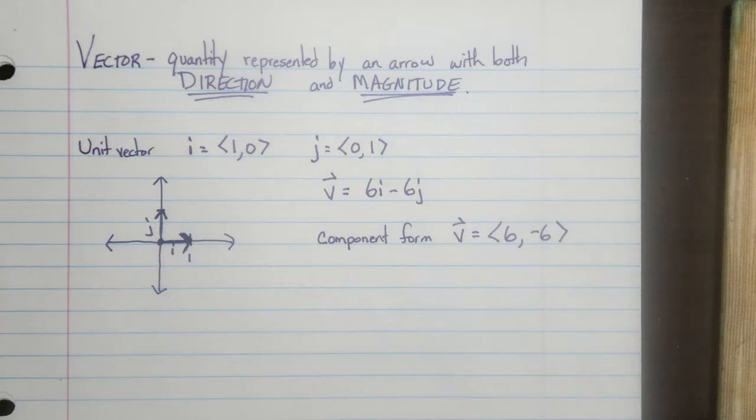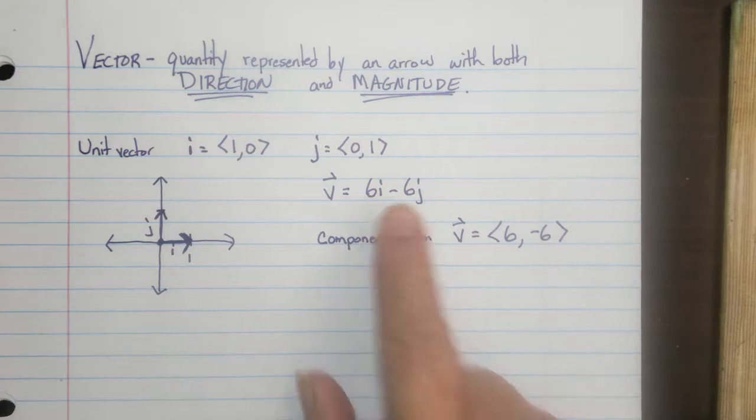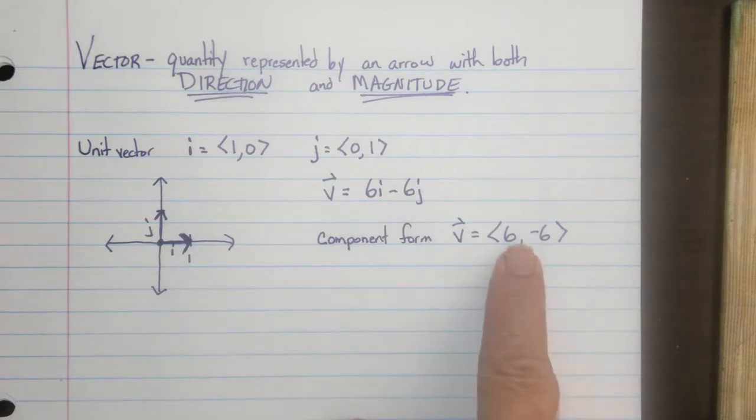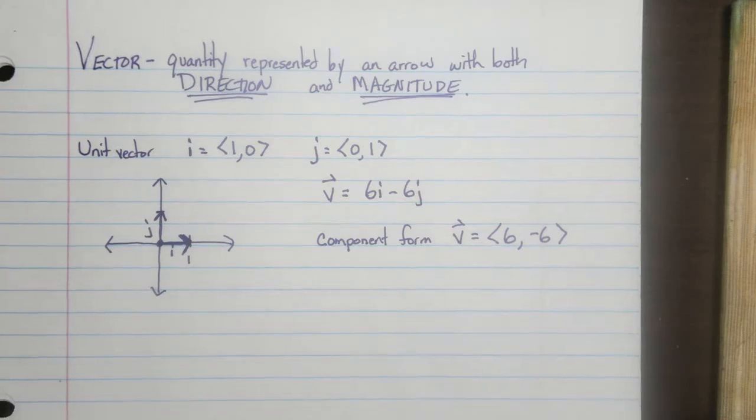So that's one thing in terms of notation, is being able to know the 2 different forms of writing a vector. So linear combination form here, component form in this case. All right, so direction and magnitude of vectors. Well, sometimes they're very simple.